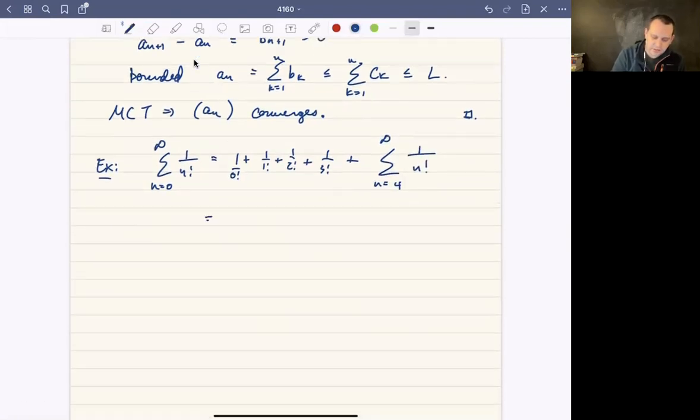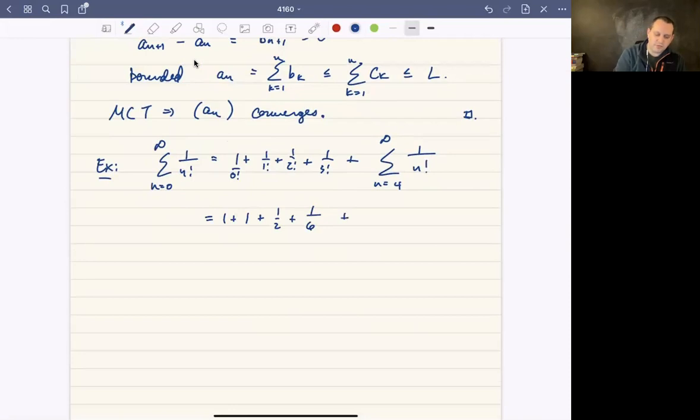And so this is going to be, let's see, 1 plus a half plus a sixth, which I think we said before was 8/3. So that's 2.5 plus a sixth. A half plus a sixth is 2/3. So yeah, this is 8/3 plus the rest.